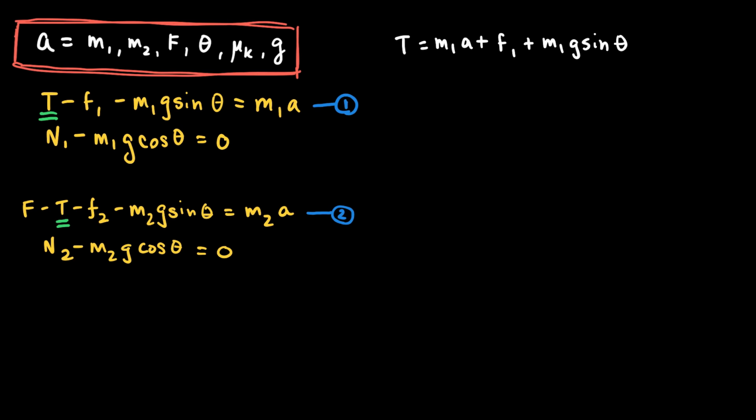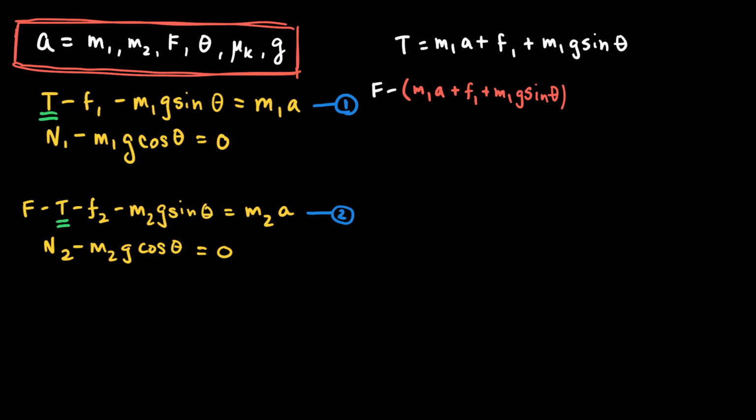All I've done there is add the two terms F1 and m1g sine theta to the other side of the equation. And now I have an expression for the tension. So let's plug that into equation number 2, which has F minus the tension. Everything in red is what I'm substituting from equation number 1: m1a plus F1 plus m1g sine theta.